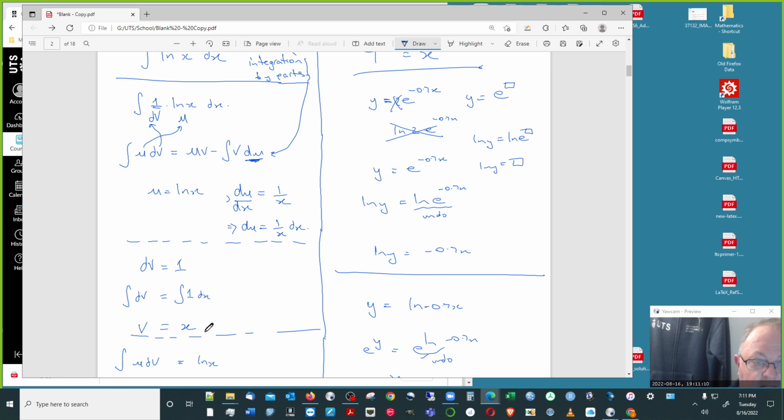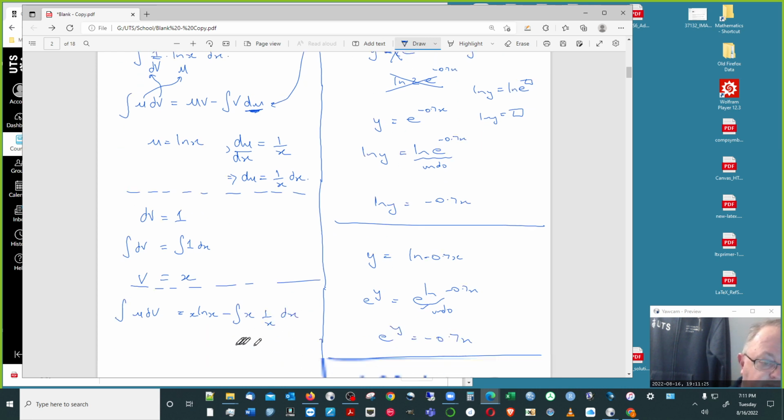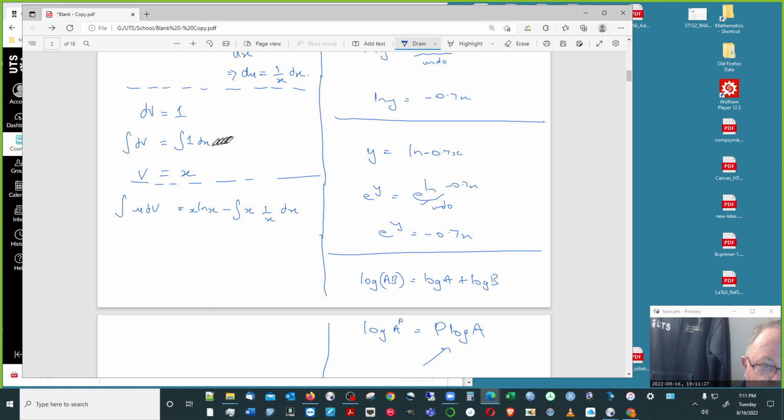So this term up here, uv, is x times ln of x minus the integral of x. Now du is 1 over x dx. Sorry about that, I should have put the dx on the back here. So x, the ln of x.